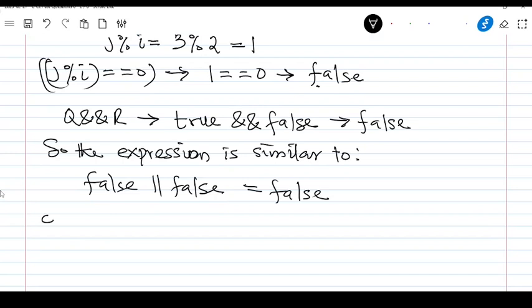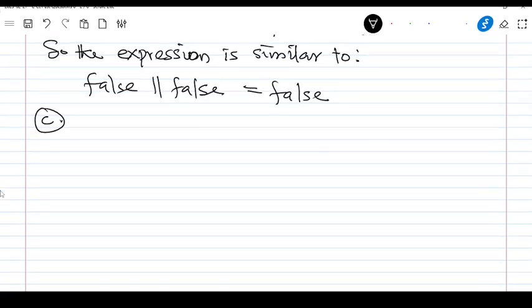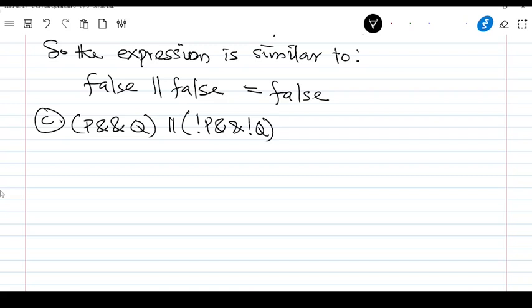So for the third one, which is part C, we have it as P and Q, or not P and not Q. Okay, so what is P and Q?